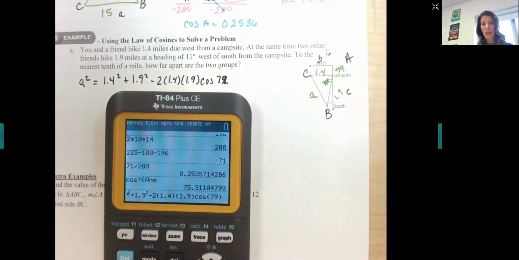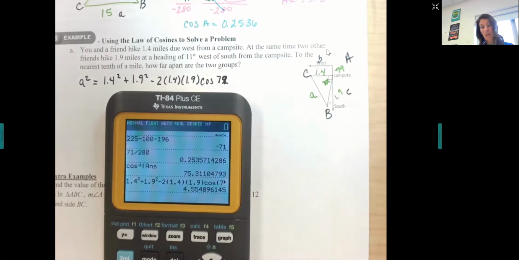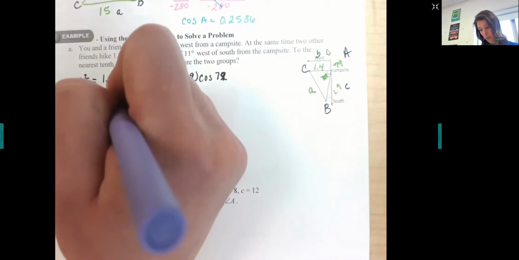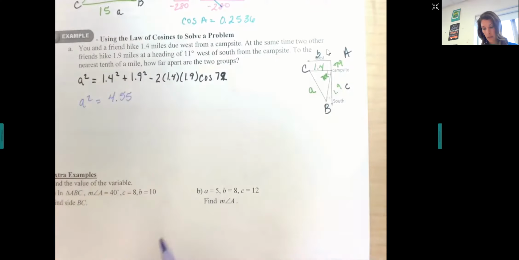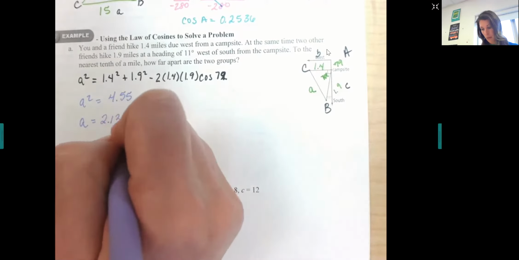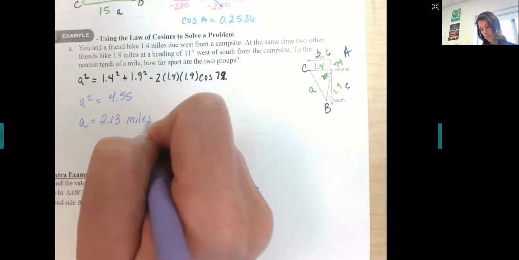So just like I have it written. I push enter and it gave me what a squared is. So a squared is equal to 4.55, which means that a is equal to 2.13 miles.